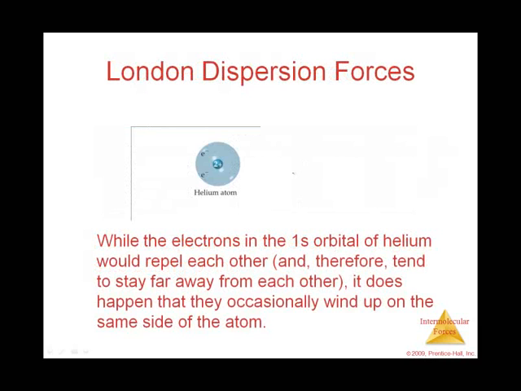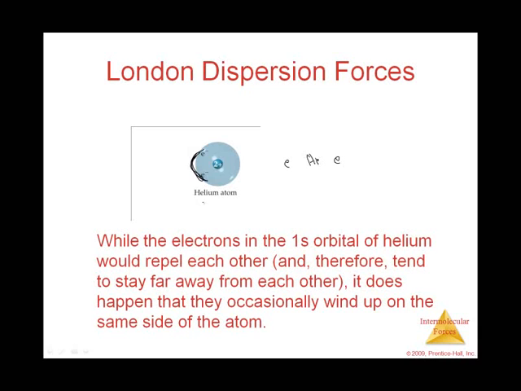Alright, London dispersion forces are a specific type of van der Waals force. So here we have helium, which we don't consider to be a polar atom, right? No atoms by themselves are polar, but even if I think about just a helium atom, it's got 2 electrons, right? And even though we generally would probably think about the electrons being on opposite sides of the nucleus, in fact, it's possible for any split second that the electrons are closer to each other than they are, and they're not equally spaced apart.